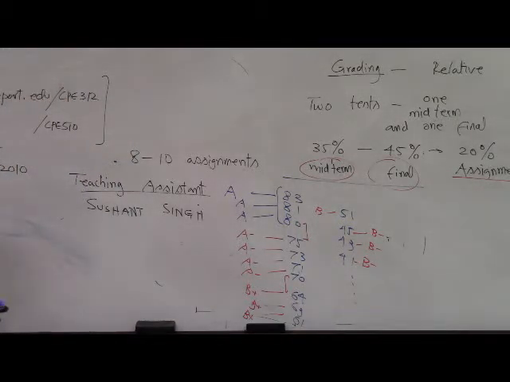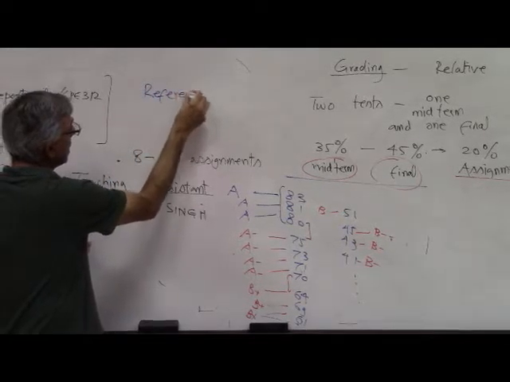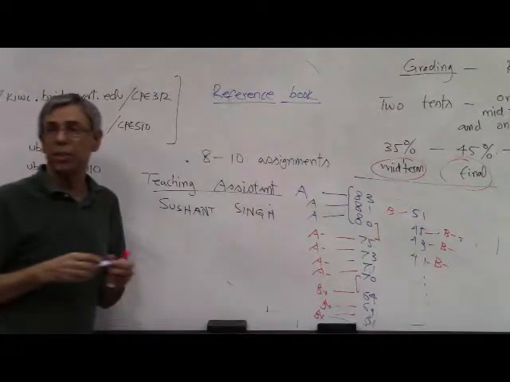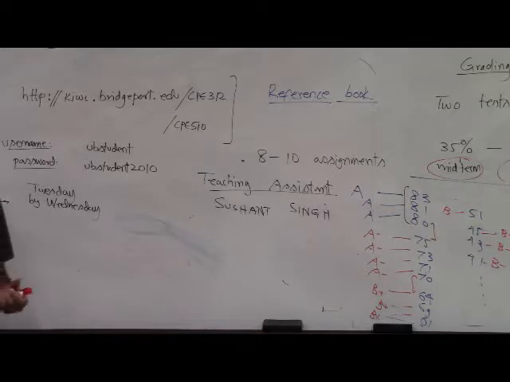So anyway, if you want to do well in the course, once again, try to pay attention to the lectures. There is a reference book. You don't have to buy a book because the material keeps changing. In my opinion, anytime a textbook comes out, a few months later it's outdated because technology is changing so fast.